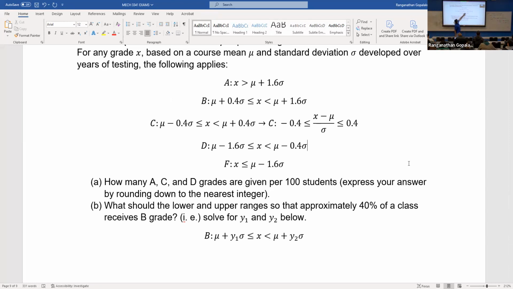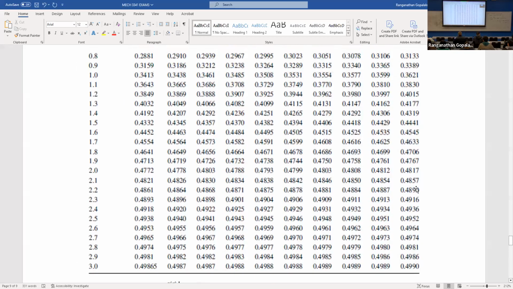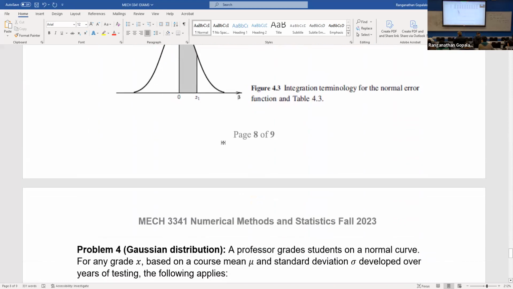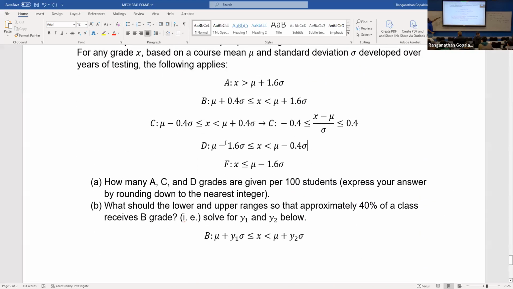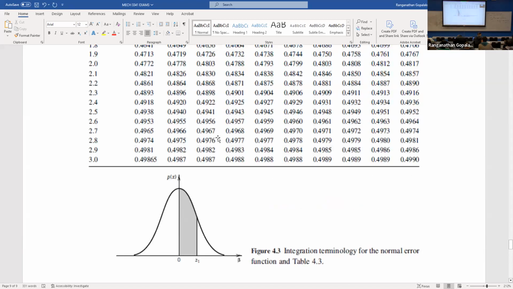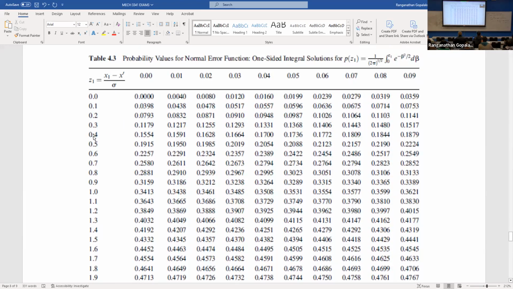So it's like asking if the standard normal variable is between minus 0.4 to plus 0.4, that is the area of interest here. So how do you calculate that area? This is between minus a to plus a. This is nothing but 2 times 0 to a, 2 times 0 to 0.4. The area between 0 and 0.4 is 0.1554.